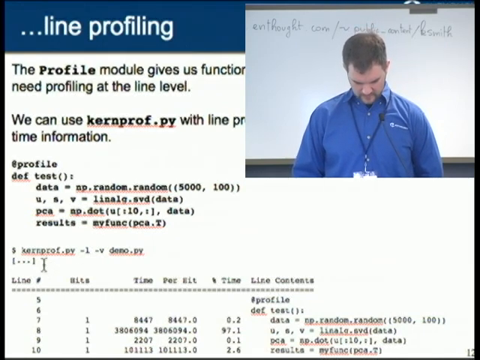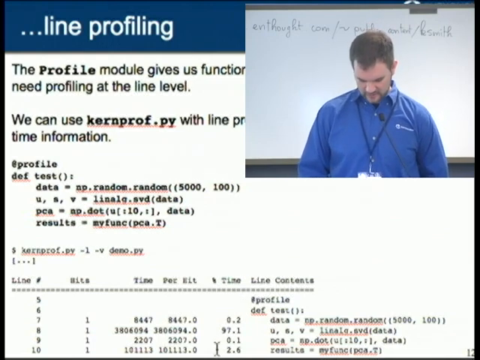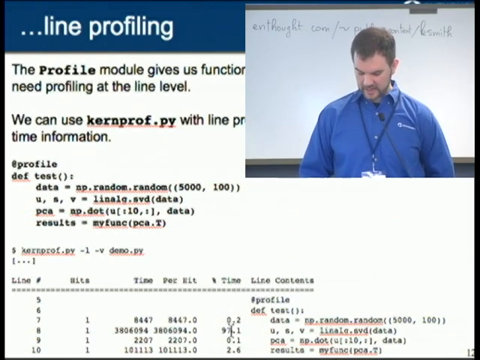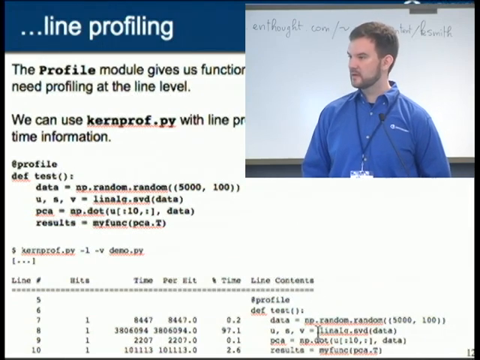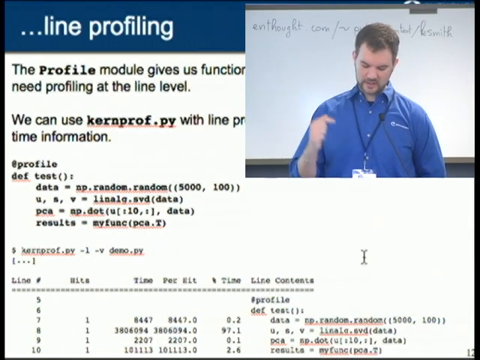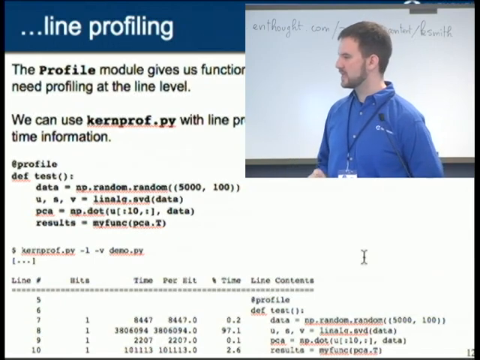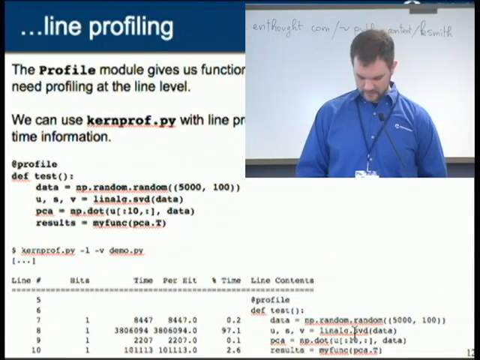I believe that's in microseconds. That information is given in this section here that I cut out. Then the percentage of the time in each line, and the actual line contents on the right. Which can be very helpful to just look at your code and see, line by line, what's taking the most amount of time. Obviously here, it's the SVD call.